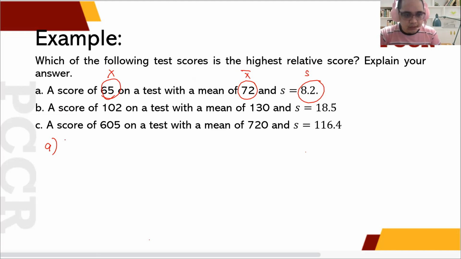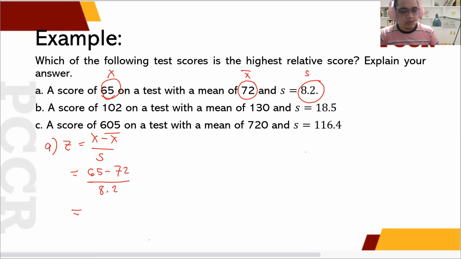So if we compare, z equals x minus mean over standard deviation. So we will have 65 minus 72 over 8.2. Okay, so when we compute that, what do we have? We will have negative 0.85.